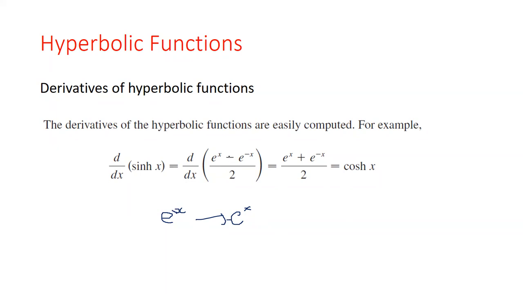Hence, this thing changed from e to the x minus e to the negative x into e to the x plus e to the negative x, because the derivative of e to the negative x will be equal to negative e to the negative x. You see that, guys? I really hope that you see that. But we are going to do this nicely, guys. Here we are just having a discussion about this particular thing.